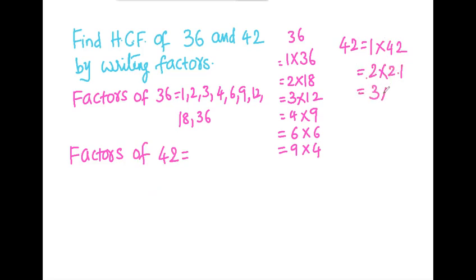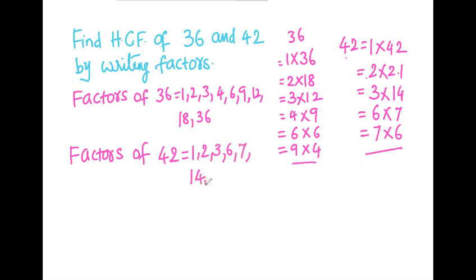Take 3. 3 times 14 is 42. 4 does not divide. 5 does not divide. 6 divides. 6 times 7 is 42. 7 divides. 7 times 6 is 42. 8 does not divide. 9 does not divide. Now stop. Now take all the numbers as factors: 1, 2, 3, 6, 7, 14, 21, 42.